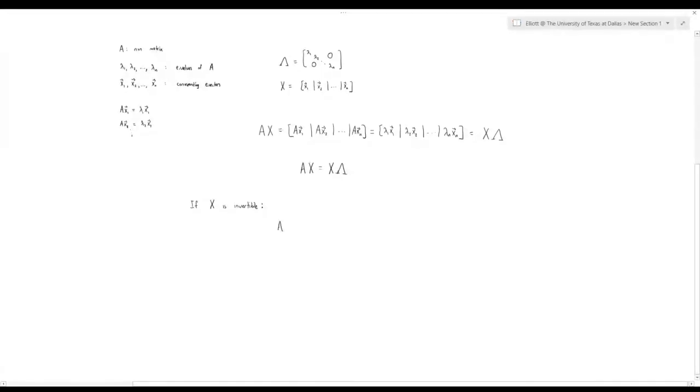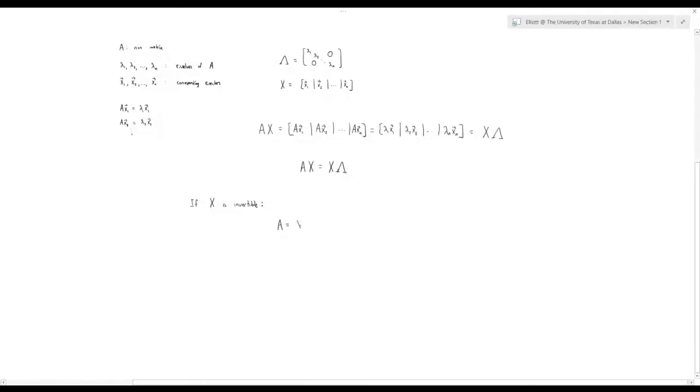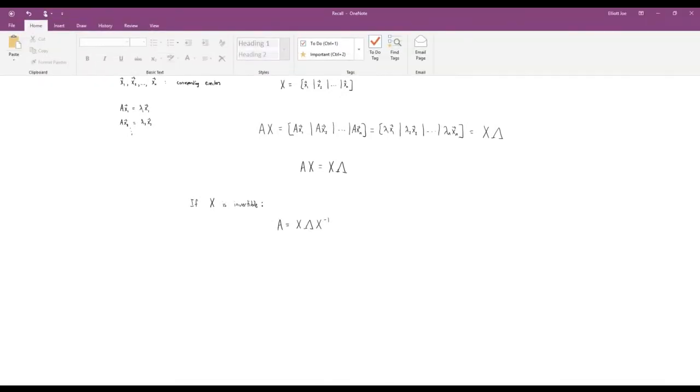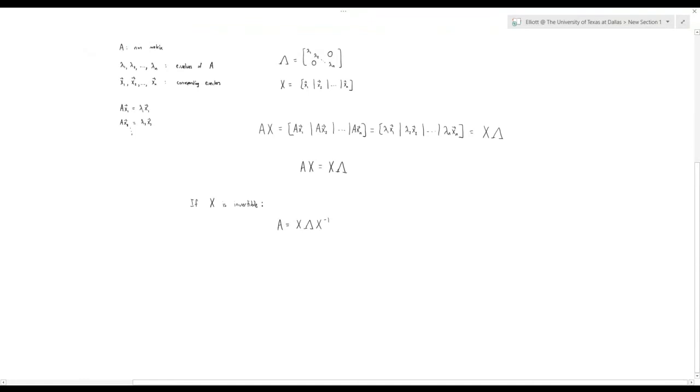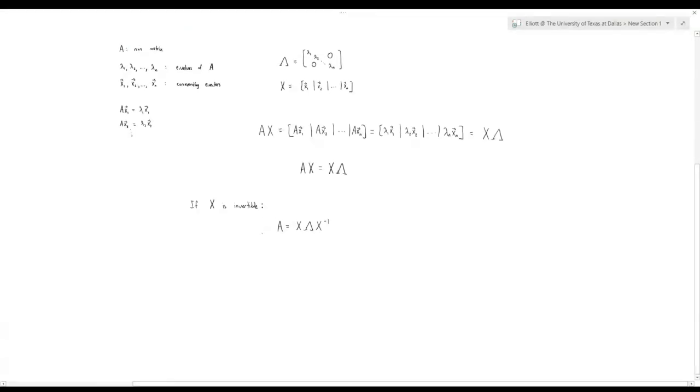And that leads to this factorization: A would be X times capital lambda times X inverse. And this factorization has many uses.